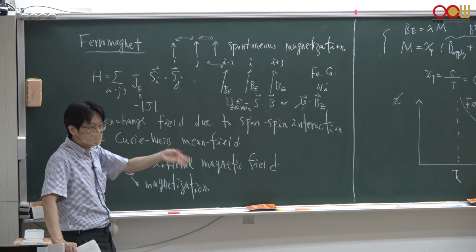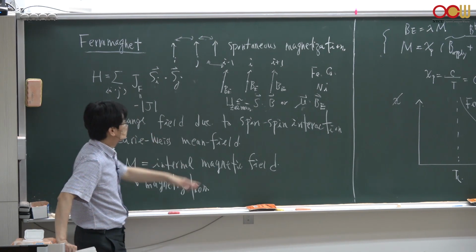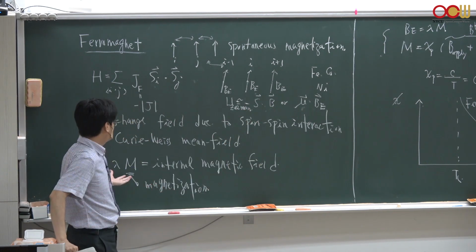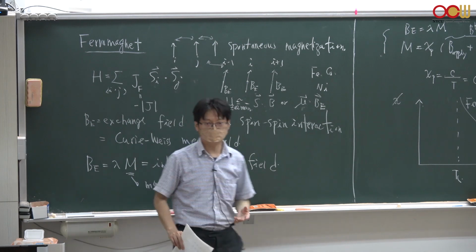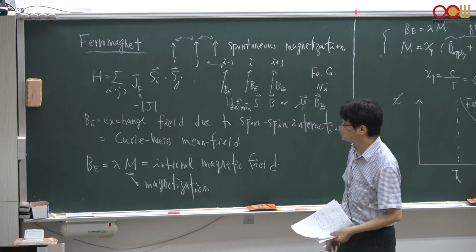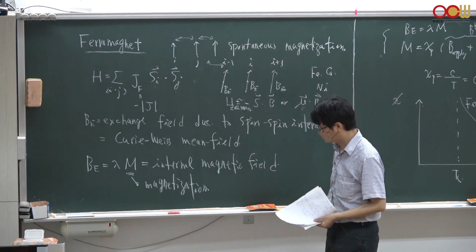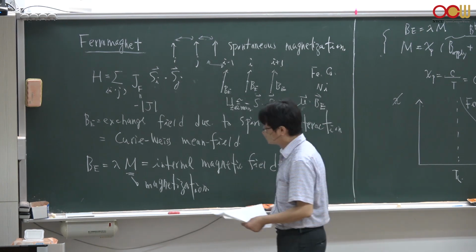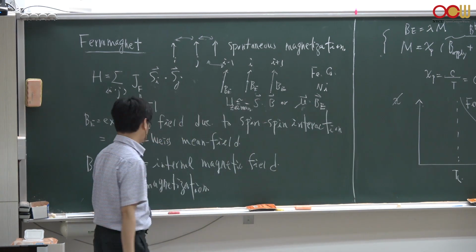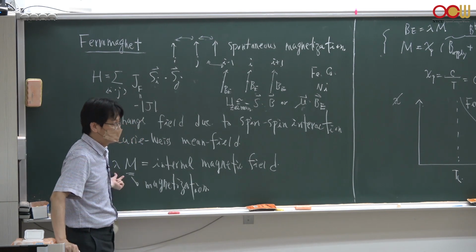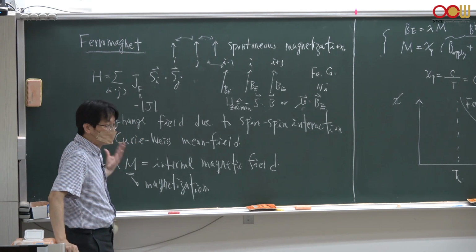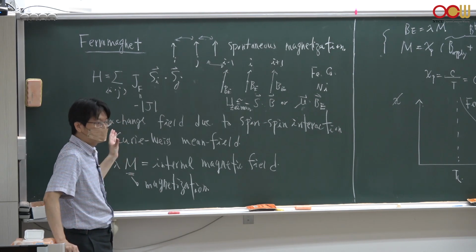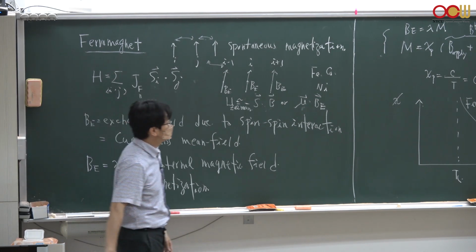So this is kind of a self-consistent way of thinking. This magnetic field itself is made of spin, and so it leads to the magnetization on all the sites. And so we can imagine that this exchange field is linearly proportional to magnetization with some proper prefactor lambda. So that's our kind of toy model to understand this ferromagnetic behavior.